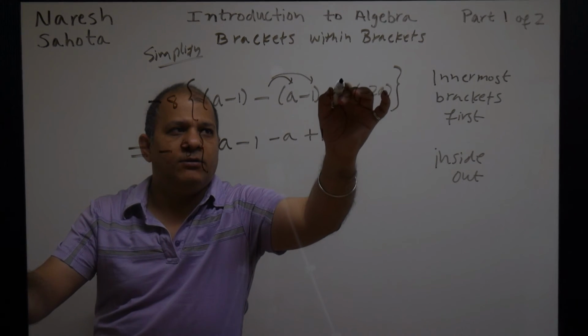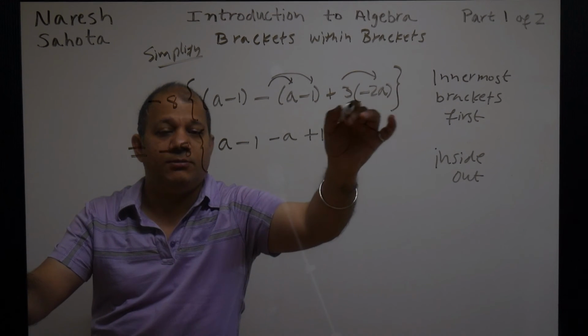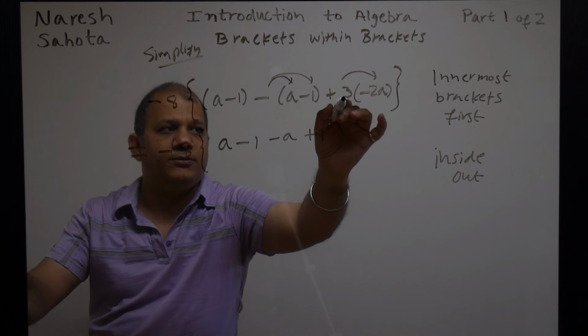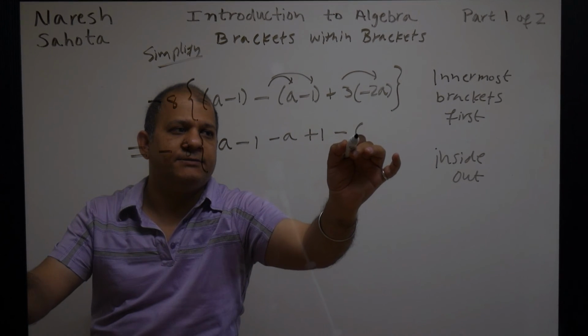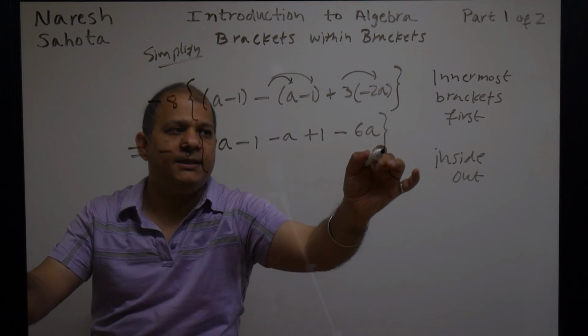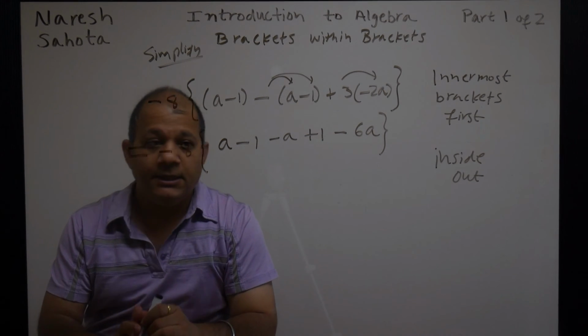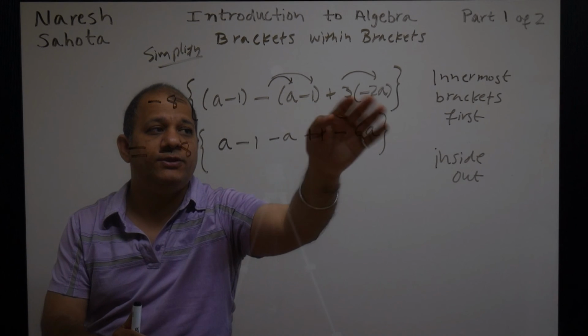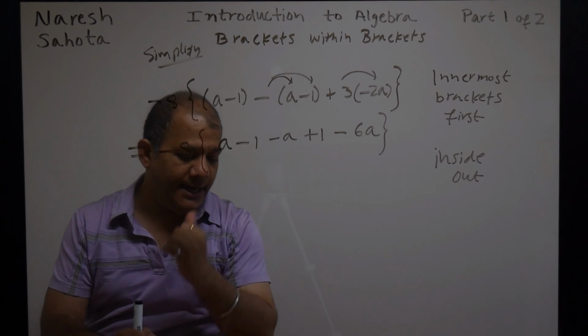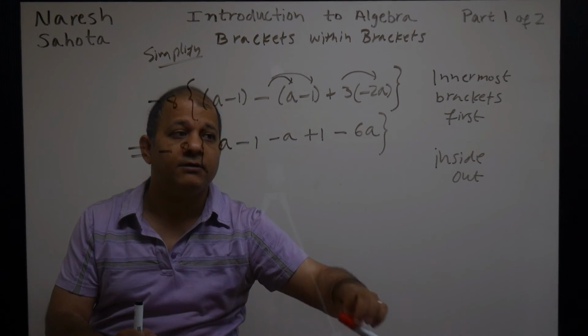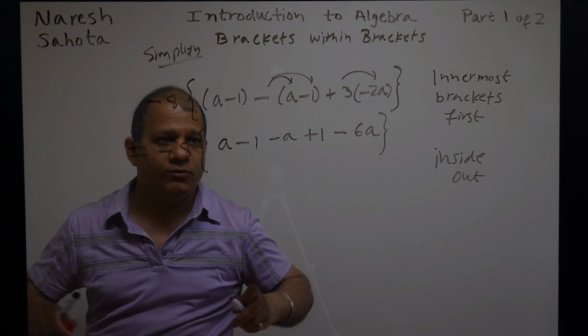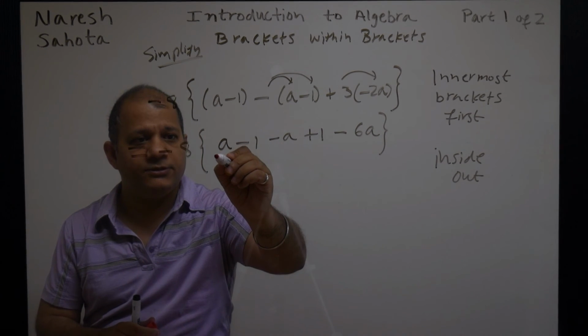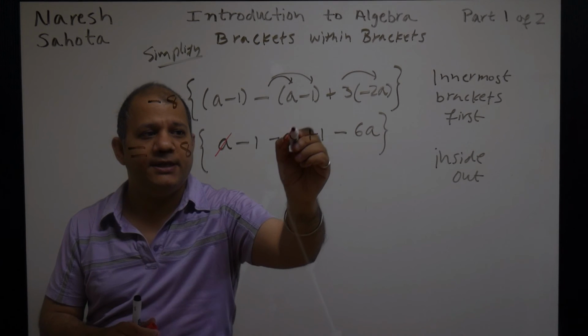Alright. Now let's multiply this out to remove the third set of parentheses. 3 times negative 2a is negative 6a. And then close the curly bracket. So now you can see that we've removed the inner brackets. And now let's simplify, collect like terms. So when I collect like terms, there's a positive a and then there's a negative a.